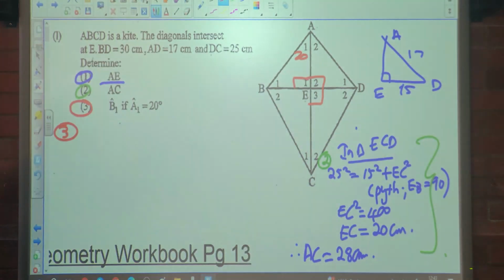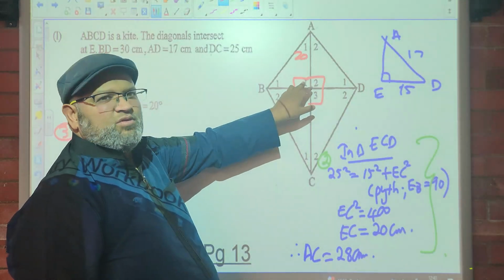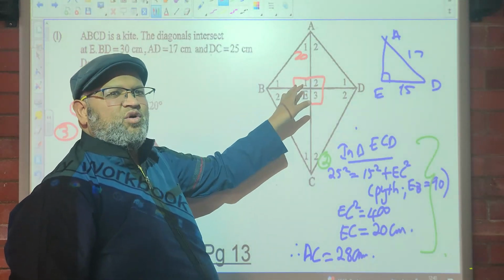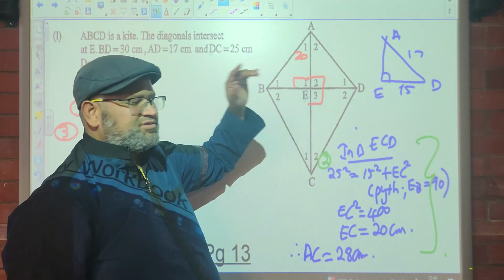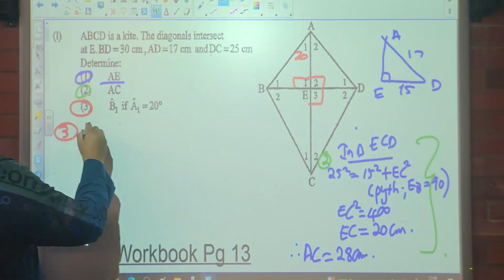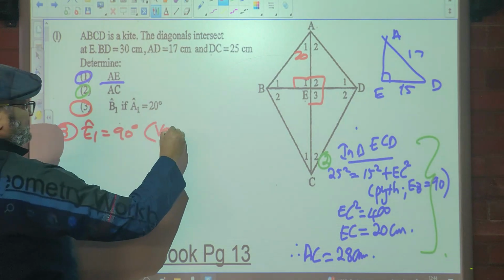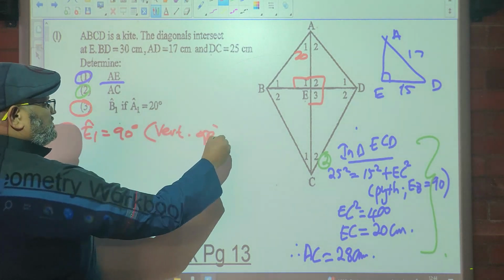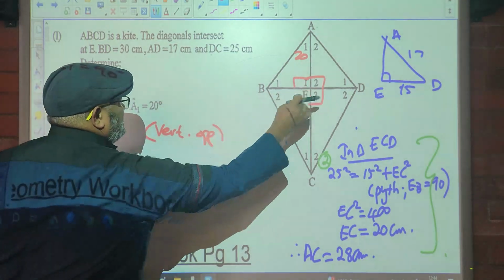Why is it 90? Vertically opposite, or angles on a straight line, or diagonals are perpendicular to each other. Any one of those. So we're going to say that E1 is equal to 90. Why? Vertically opposite. Any one of those three I mentioned, you would have gotten it, because we already worked that out to be 90.